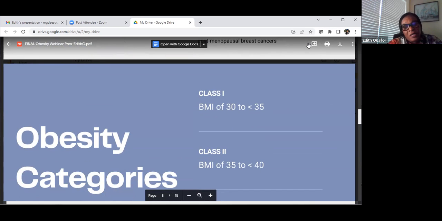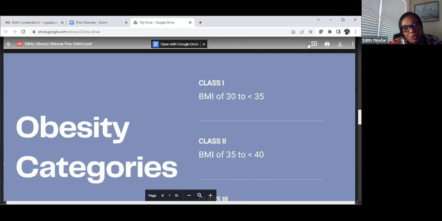And now let's look at the obesity categories. The reason why I put it here is because I wanted you to focus on classification of obesity, because it's related to how we treat or how we manage obesity. So let's go. We have class 1, 2, and 3. So when you have a BMI of 30 to less than 35, that will be class 1.